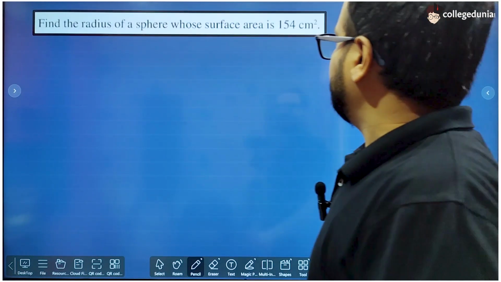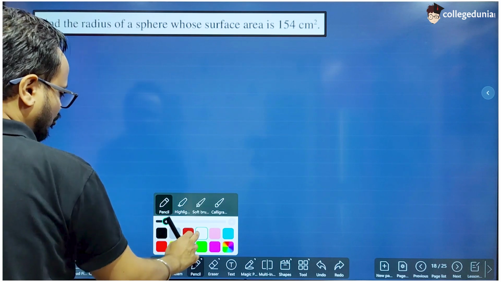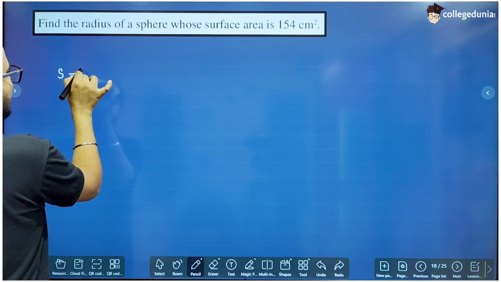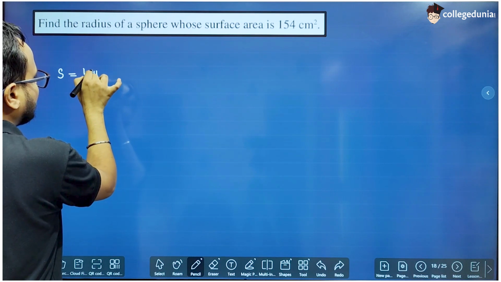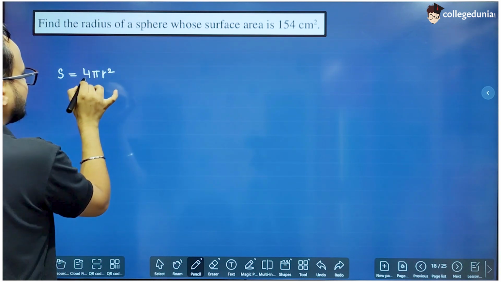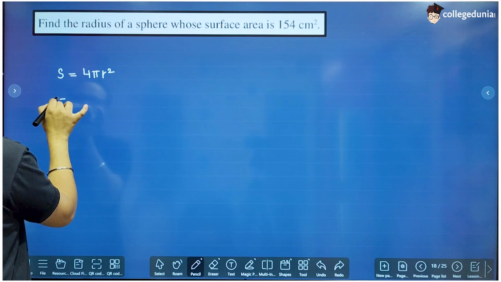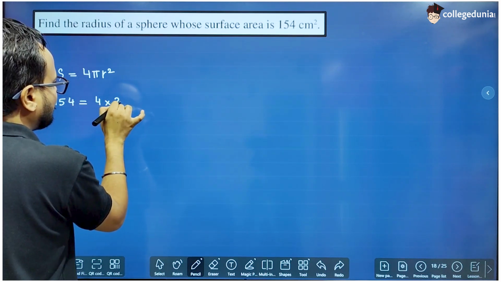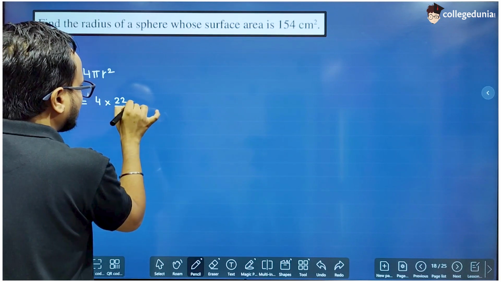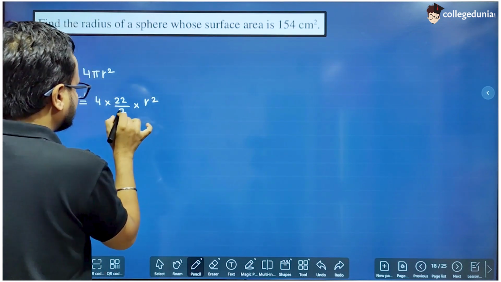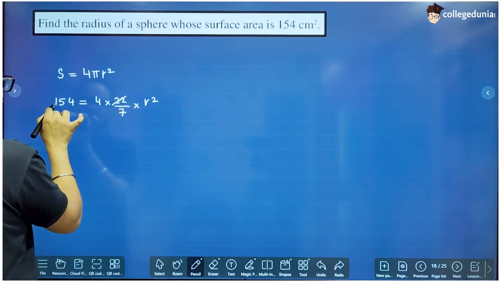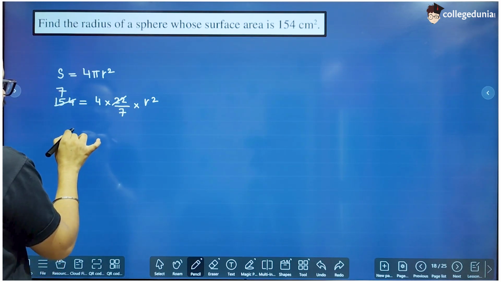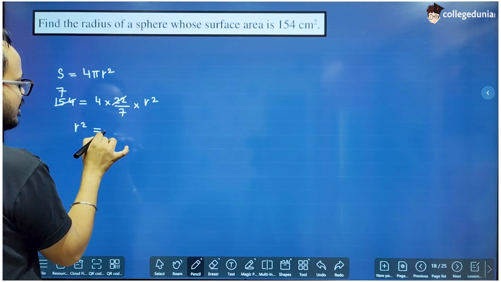Find the radius of the sphere whose surface area is 154 centimeter square. Now the surface area is given. Surface area is 4 pi r square, and the surface area is 154, equal to 4 pi r square. 22 into 7 is 154.